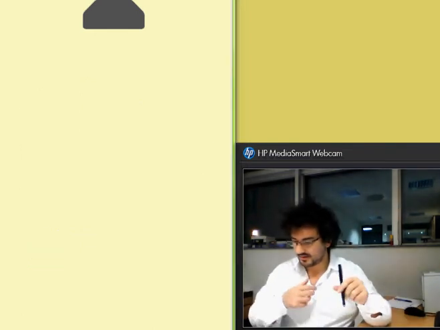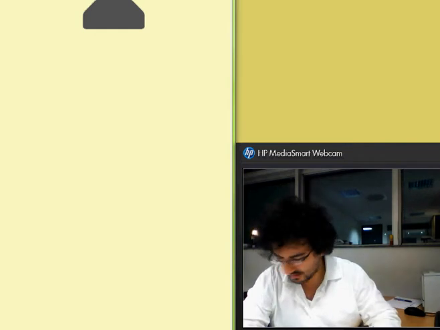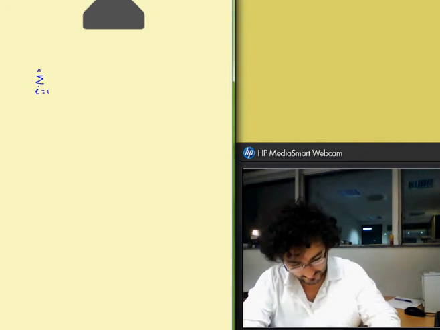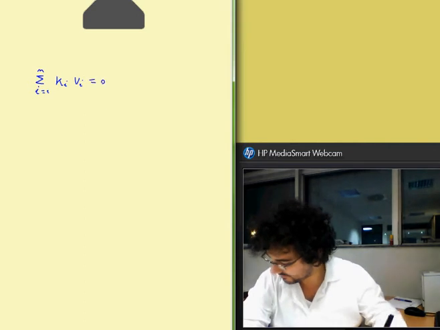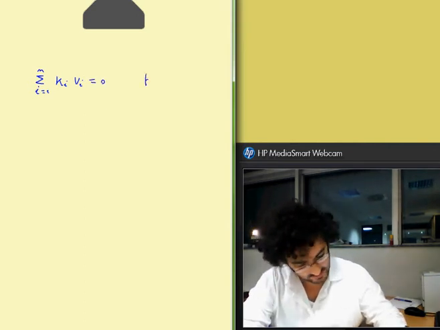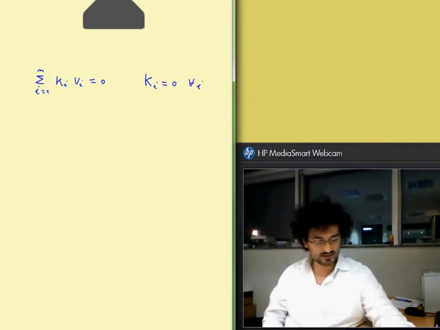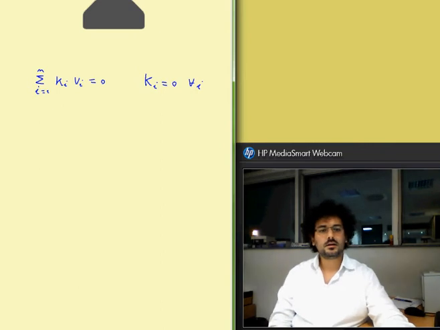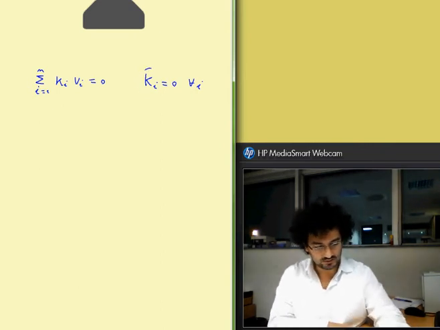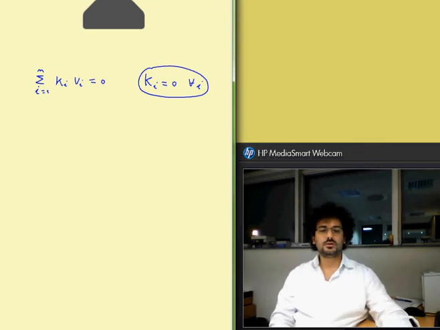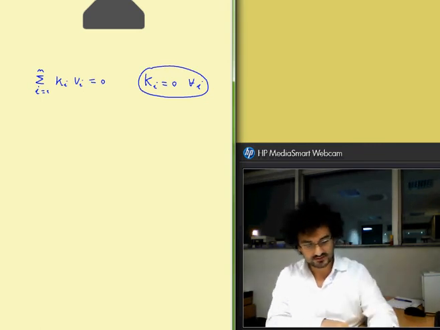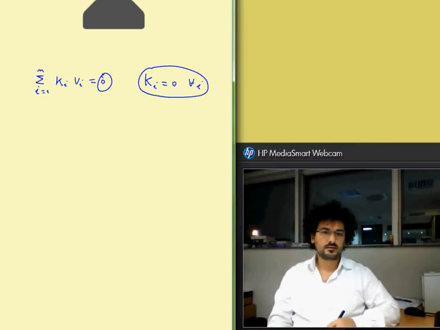This means that if the sum for i going from 1 until n of ki vi is equal to 0 only if ki is equal to 0 for each i, in this case, the vectors are linearly independent, because the only combination, or the only set of scalars, that gives the vector 0 is given by the scalars 0.